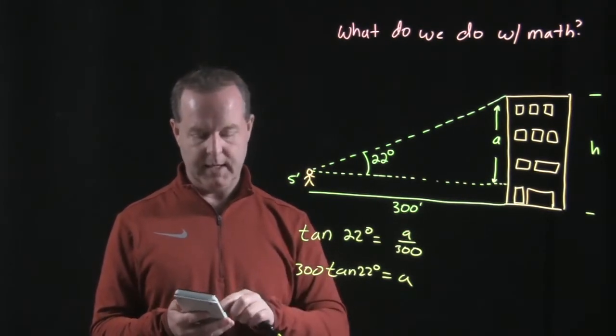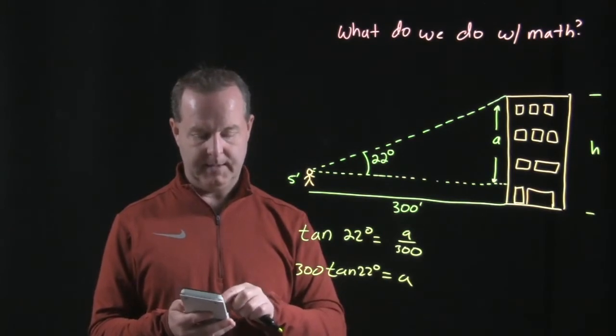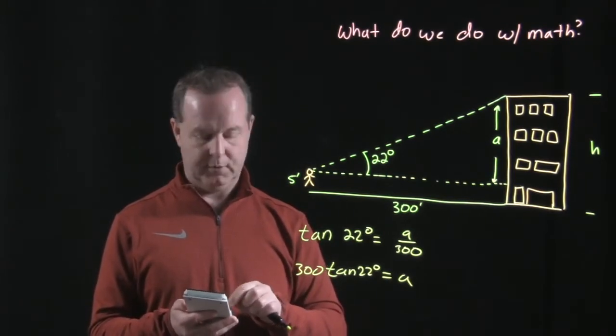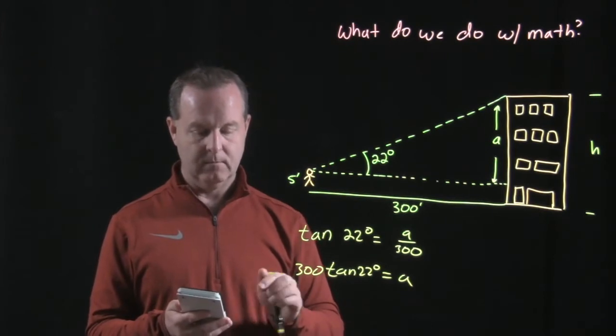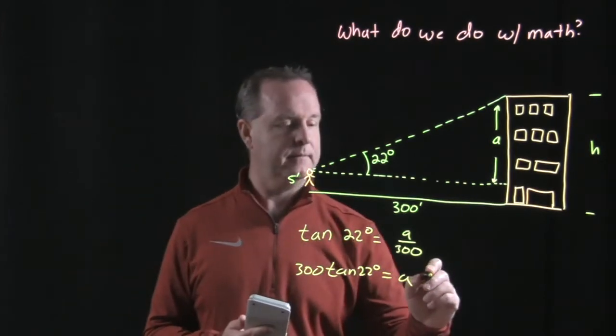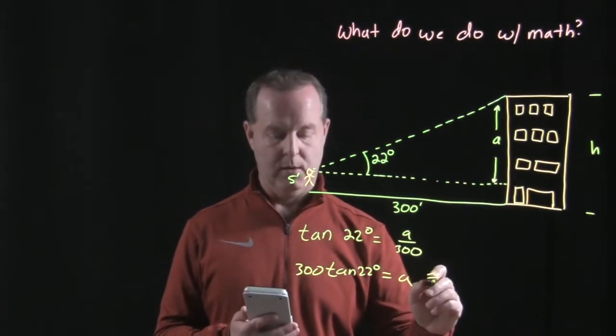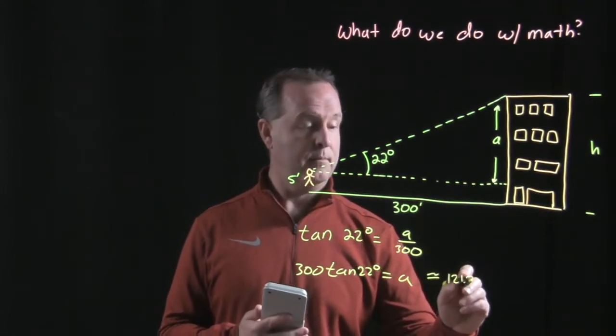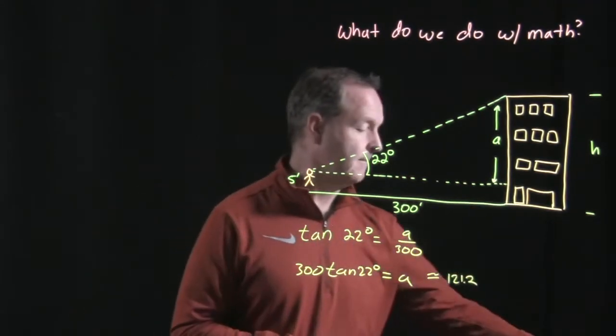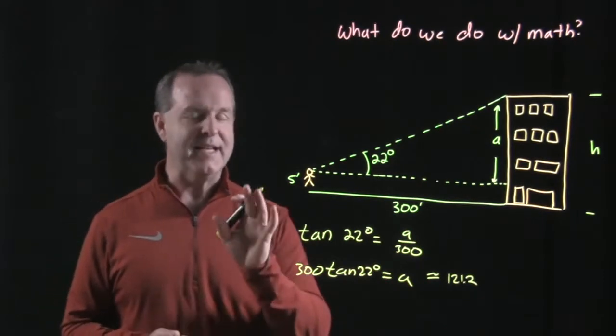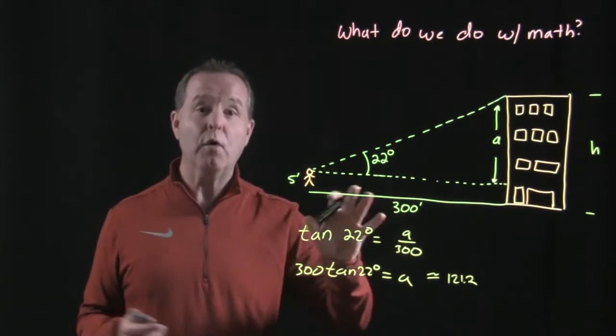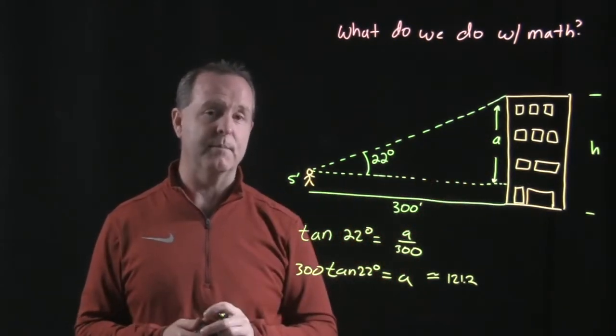In degrees, so 300 times the tangent of 22 equals approximately 121.2 feet. Now, again, that's information helpful to us to solve the original problem, which was the height of the building.